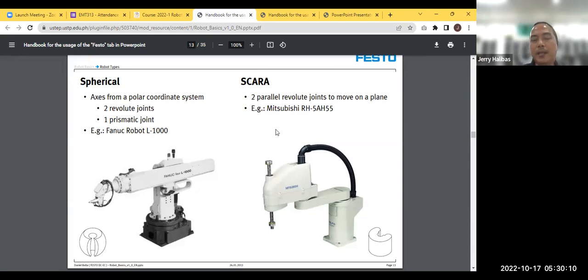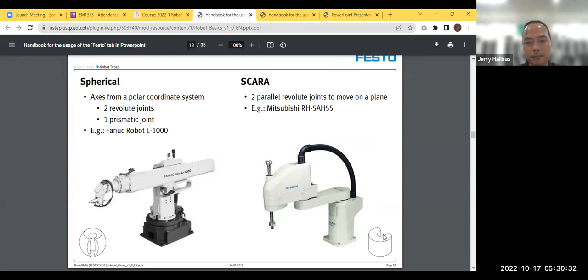Then another type or kind is the SCARA. SCARA stands for Selective Compliant Assembly or Articulated Robotic Arm. So, the last time example na to is an Epson. Okay, it has two parallel revolute joints to move on a plane.